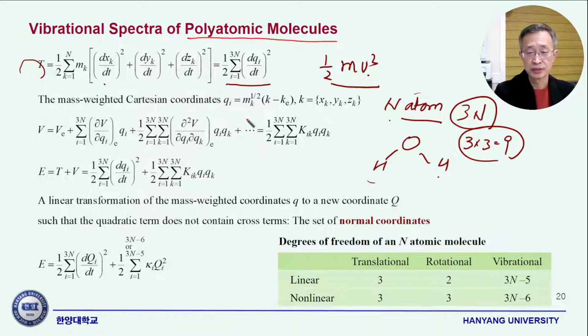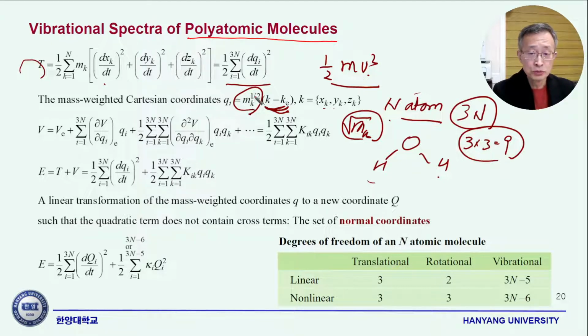Mass-weighted means that for the kth atom, with mass mk, we multiply by the mass, and this is the displacement coordinate in the x, y and z directions.